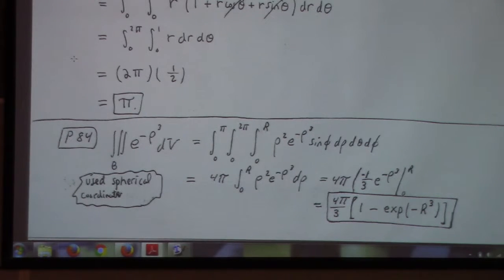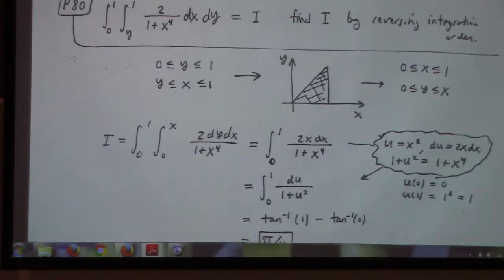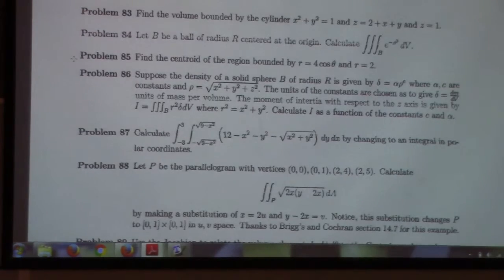Why am I integrating from 0 to r, from 0 to 2 pi, and 0 to pi there? You don't know what the radius is. Oh, I was given that b is a solid sphere of radius r in the problem statement. Back up here. Let b be a ball of radius r centered at the origin. Calculate that triple integral.